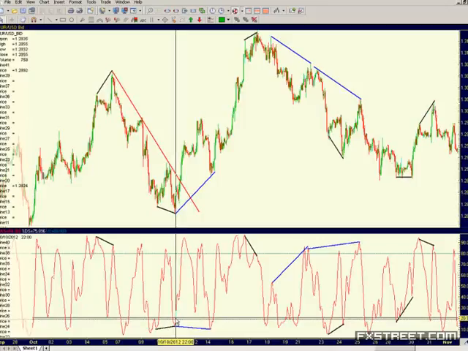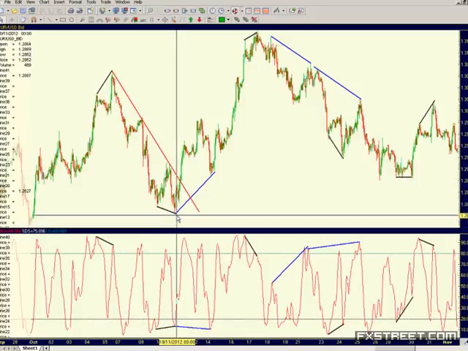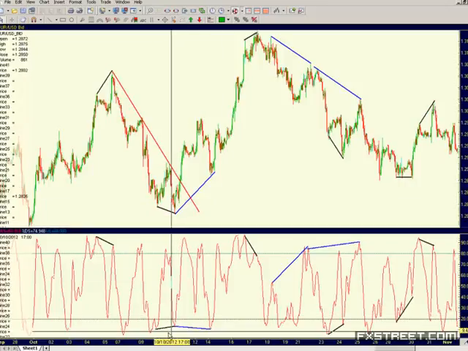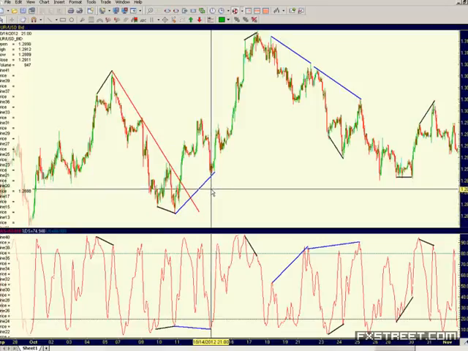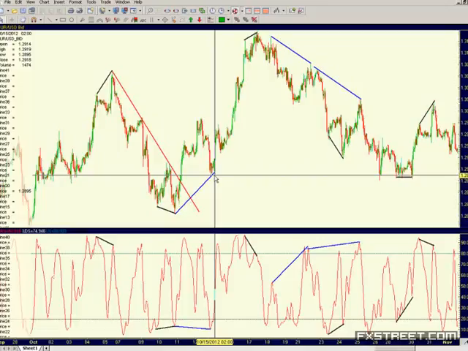But that's a potential entry as well. You can enter earlier with a tighter stop loss. But essentially what I'm talking about here is that these divergences are providing you with some prior warning, some confirmation of perhaps the directional bias of the market, and therefore from there you could look for potential entries into the market.